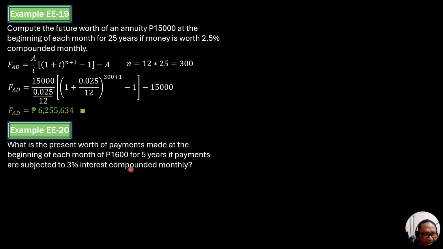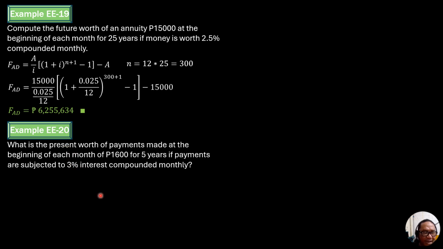So it becomes negative quantity n plus 1, but we have to add, n minus 1 rather, and we have to add A because there will only be n minus 1 equal payments. Then at the beginning there is A, so from the beginning of the second month up to 25 years there will be n minus 1 equal payments to apply for the present worth of ordinary annuity.